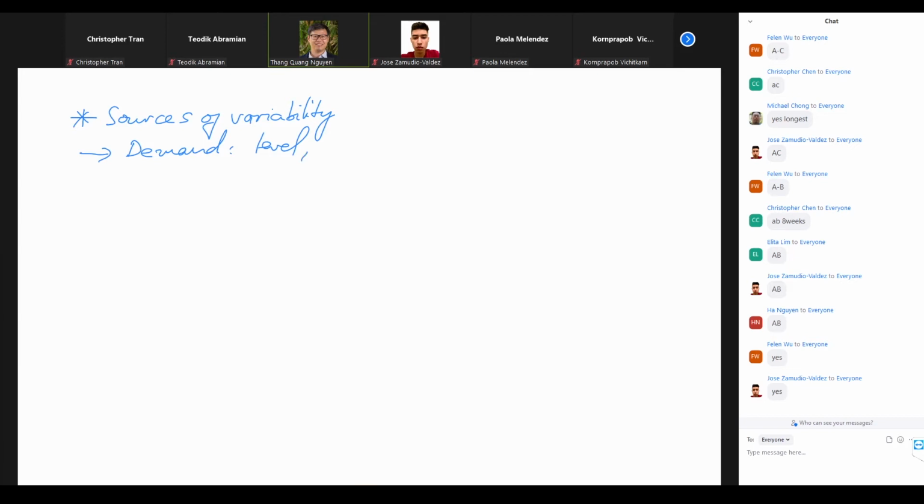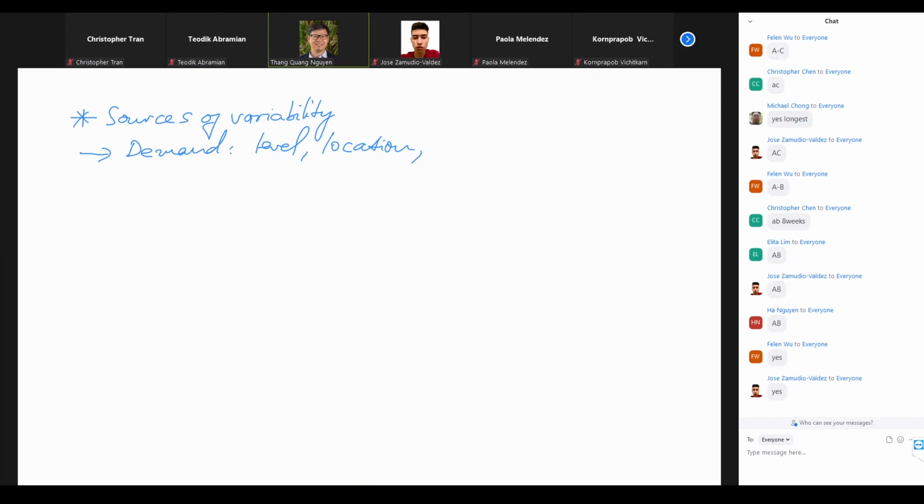And then the second is the variability in terms of the location, right? Might be the residents around one store buy a lot of one item, but the residents in another store buy very little of that item, right? So we might have a stock out in one store, but we still have the services in another store. So that's the location variability, right?